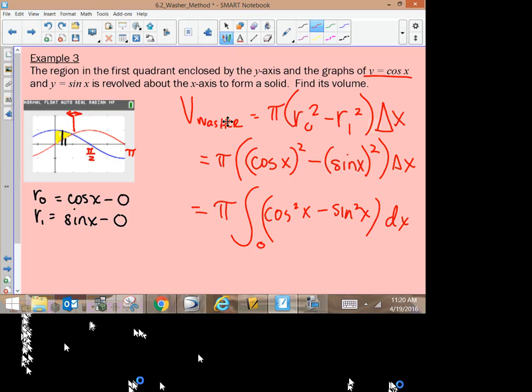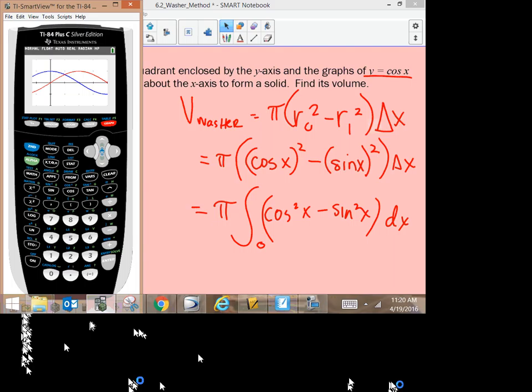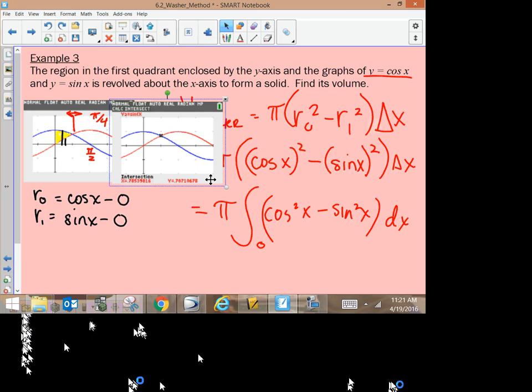Now, if you think about it, you could probably figure out that it's pi over 4, because that's where cosine and sine are the same. If you don't want to think about it, because that makes you crazy, then go second, trace, intersect, and get to the intersection. There's only one intersection in this window, so I could have just hit enter, enter, enter. There it is.